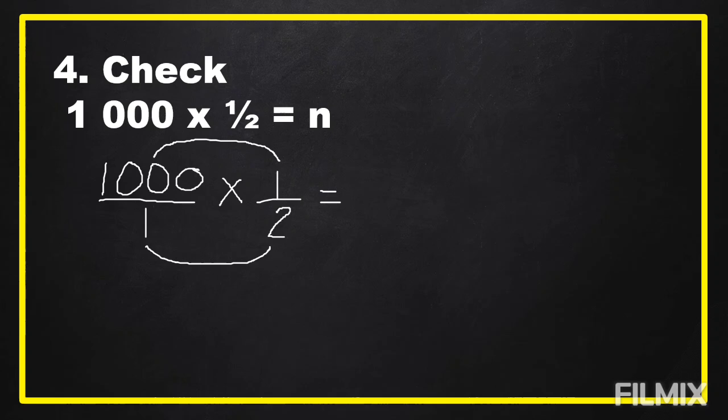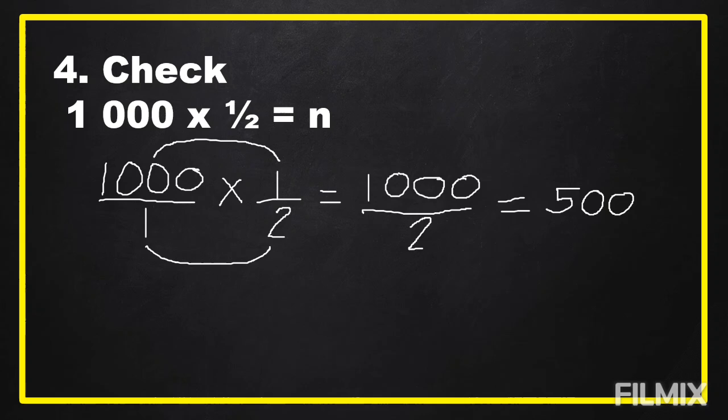So 1,000 times 1, the answer is equal to 1,000. Then 1 times 2, the answer is equal to 2. Then reduce your answer to lowest term whenever possible. So 1,000 divided by 2, the answer is equal to 500. So this means that the answer to our solution is correct.